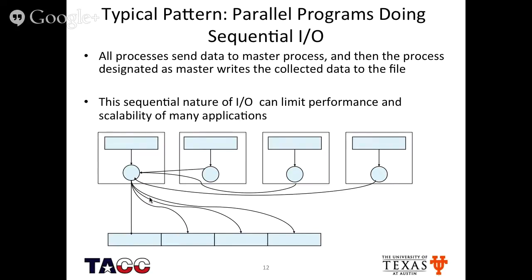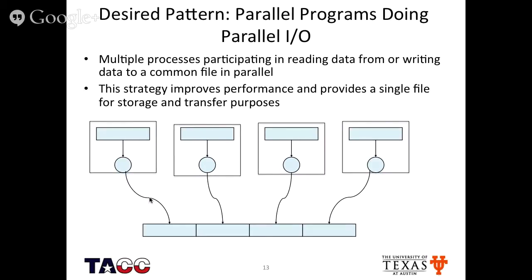So the second method is that I would like to engage multiple processes in reading and writing data. When I say processes, I mean MPI processes. The strategy is that you have one file, and each process knows exactly where to begin and where to end the writing.